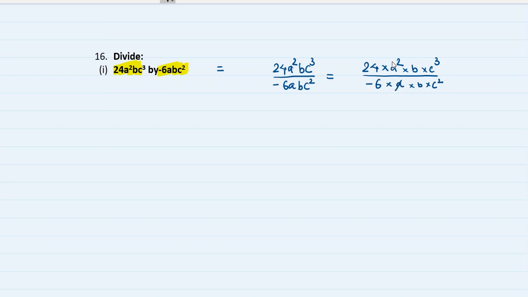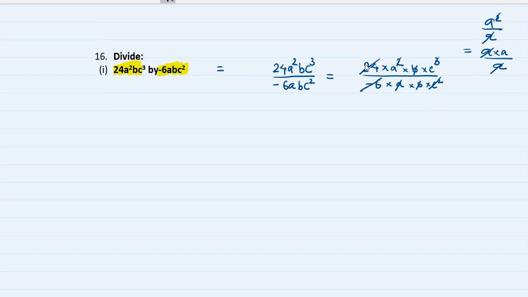So a square and a get cut, b and b get cut, c square and c get cut. Do you understand why they get cut? If you divide a square by a, you are dividing a into a by a, and then only a remains. So that's the whole idea. That's very simple.